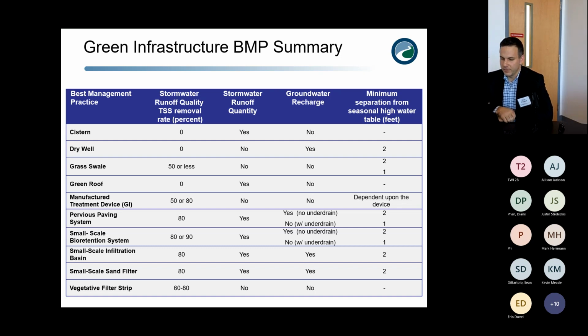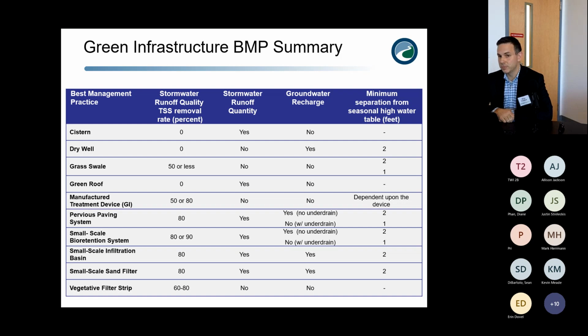And just to give a complete list here, this is a table taken from the latest version of the stormwater management rules. These are the BMPs that are satisfying the definition of green infrastructure in NJDEP's view. So same kind of ones that I was mentioning before. A lot of these have small scale next to them. So you can see small scale bioretention, small scale infiltration.